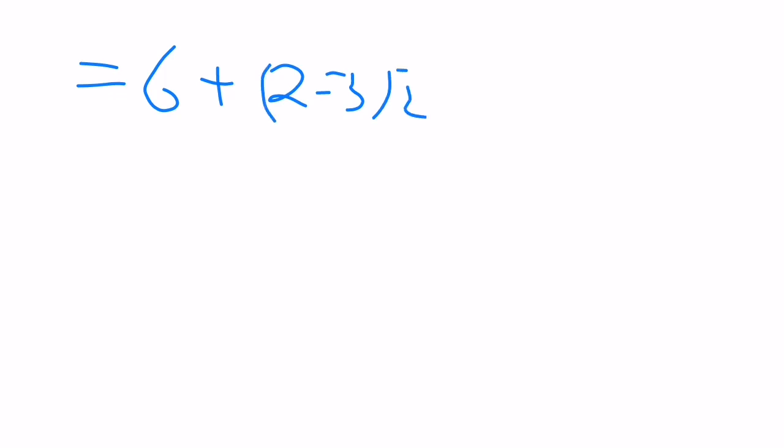Now this is equal to 6 plus (2 minus 3) into iota, minus into minus 1, because iota square is equal to minus 1.